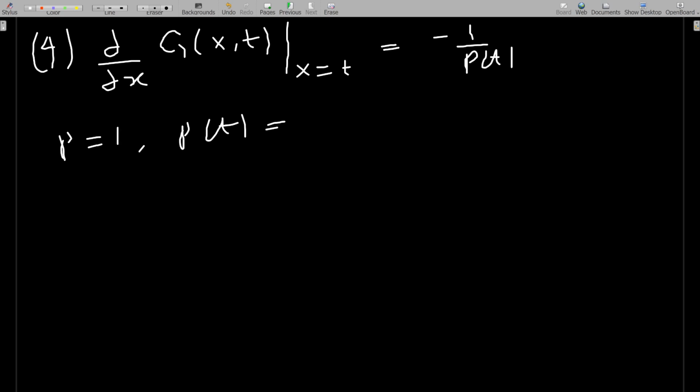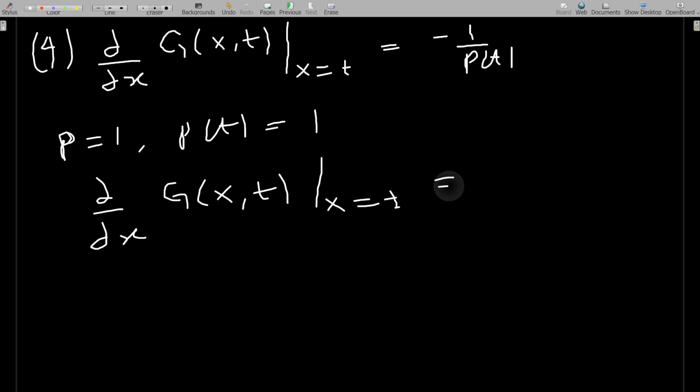If there was an x in it, I'd put t there, but there's no x, so p of anything will still give you 1. So del x of g of x,t at x equals t should be equal to minus 1 over 1, which is minus 1.